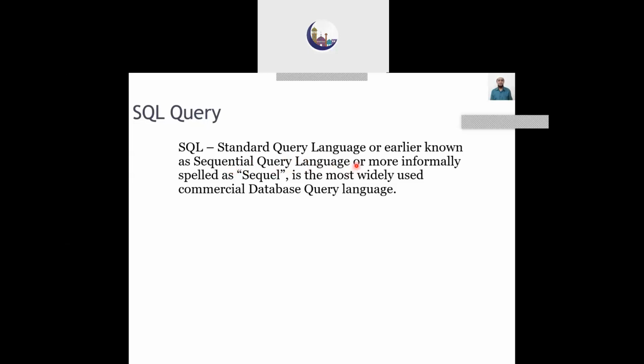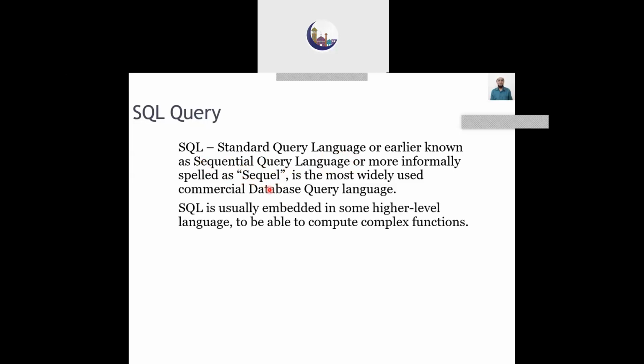So all of the companies gathered together to give unique standard commands which will be common for all the different companies. These standard notations, followed by all the companies, were called Standard Query Language. Most people still use the word SQL.